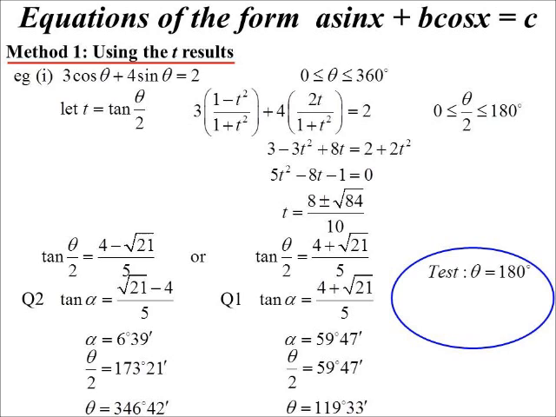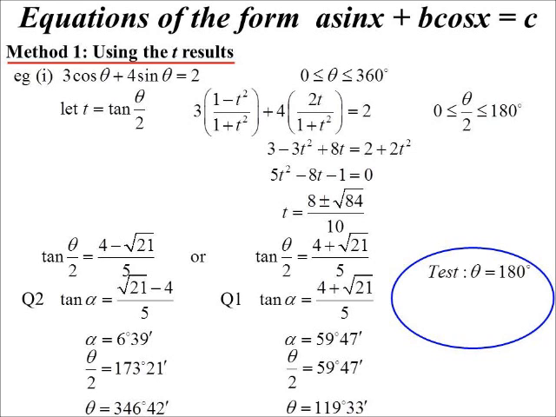However, the thing about the t results is it will never find the solution of 180 degrees. Why? Right, because we're doing tan theta on 2 and tan 90 is undefined. So therefore we never get the possibility theta is 180.